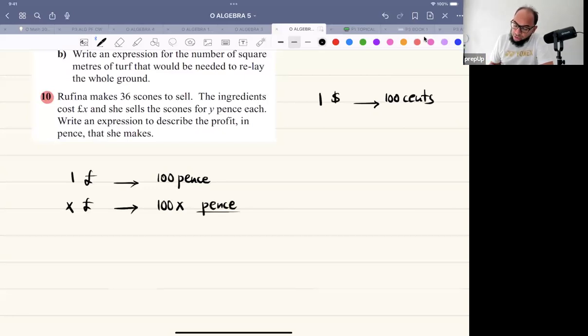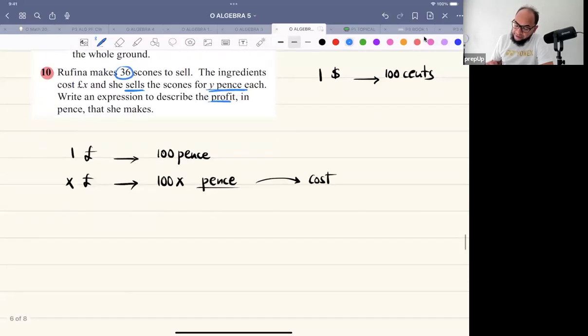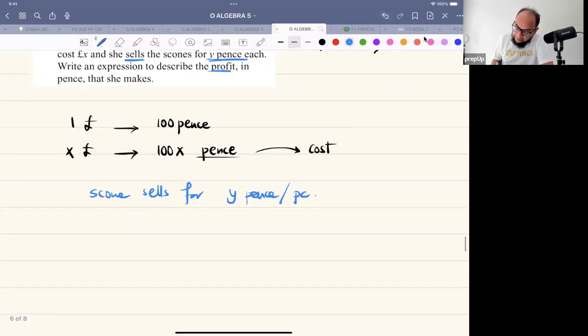She sells the scones for Y pence each. So this is the total cost. And the selling, that is Y pence each. Write an expression to describe the profit. So she sells 36 of them, for Y pence per piece. So it's per piece.